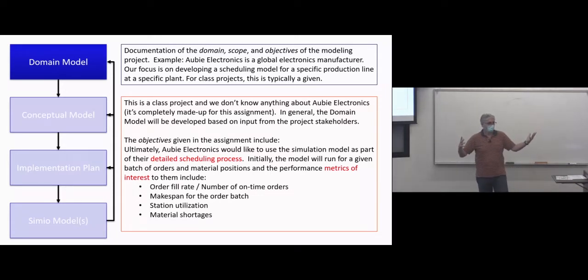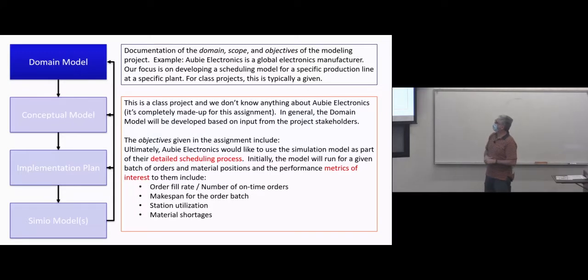There is no Obby Electronics, so there are no stakeholders to talk to. So in most class assignments, the domain model is given to you. It is not something you do. In the real world, when you do a project, this is critical because the domain model establishes pricing and time estimates and all of that. In a class environment, that's practically always given to you.